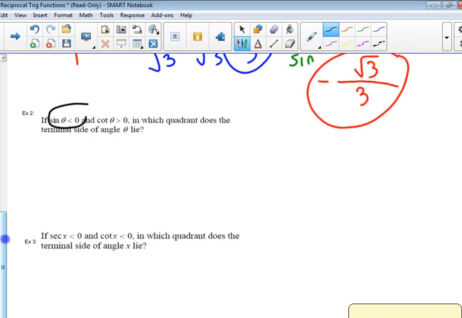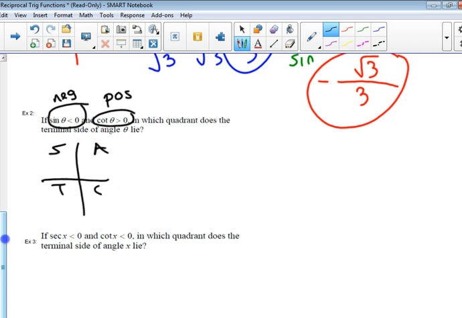I know we talked about this before. If you have your sine less than 0, does that mean positive or negative? Negative. Good, negative. And then cotan bigger than 0, that means positive. Great. So if you need to make your little ASTC here, we want to figure out what quadrant we need to be in for all these things to be true.